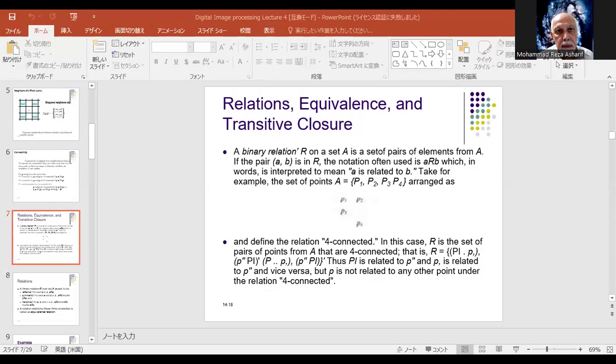For instance, P1, P2, P3 are neighbors, for instance N4 neighbors, but P4 is not related to any of the other three under the relation for connected or something like that.